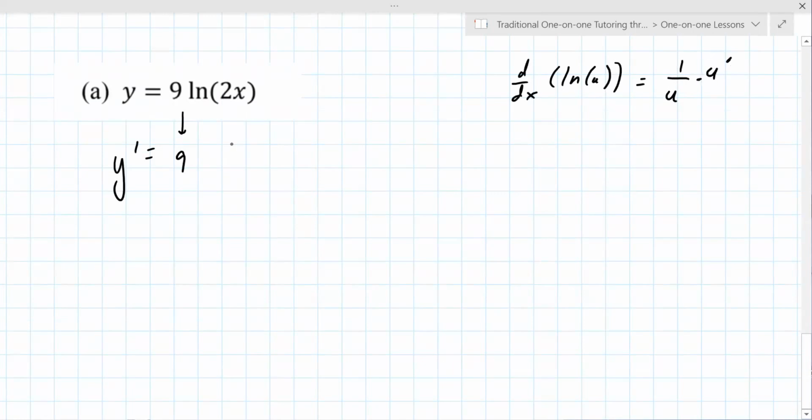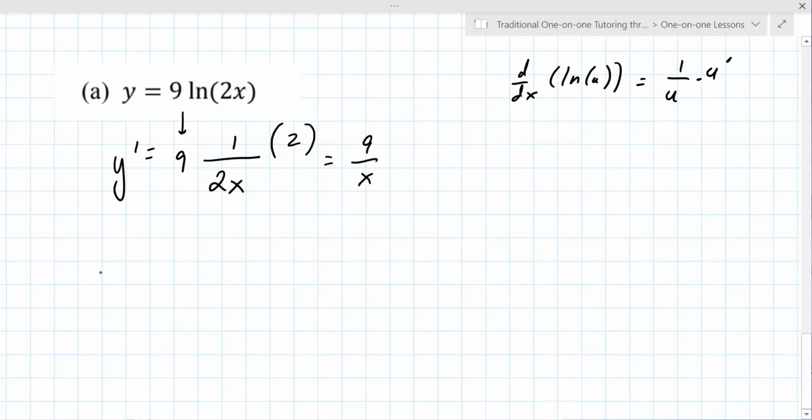So the derivative of ln of 2x is 1 over 2x times the derivative of the inside function, times 2. You probably want to simplify unless it says not to. So the 2 and 2 cancel, and it becomes 9 over x.